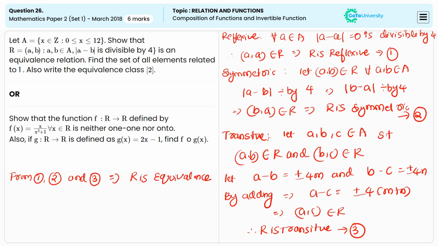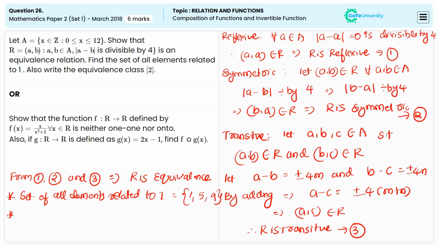Now coming to the next point, the set of all elements related to 1 is 1, 5 and 9.